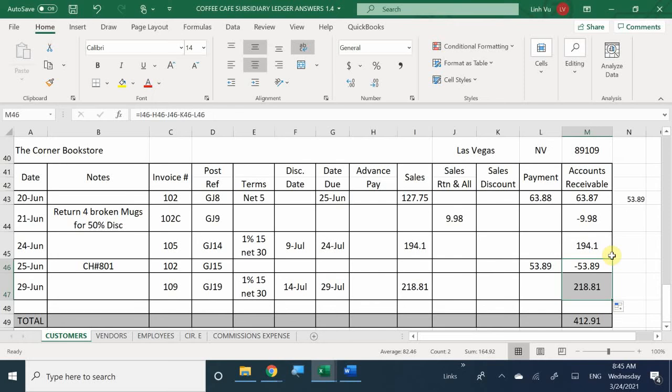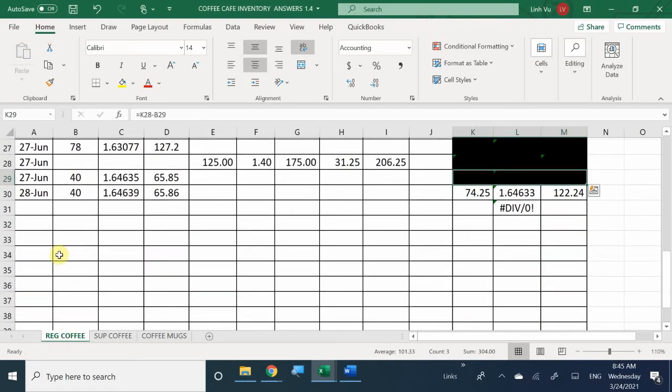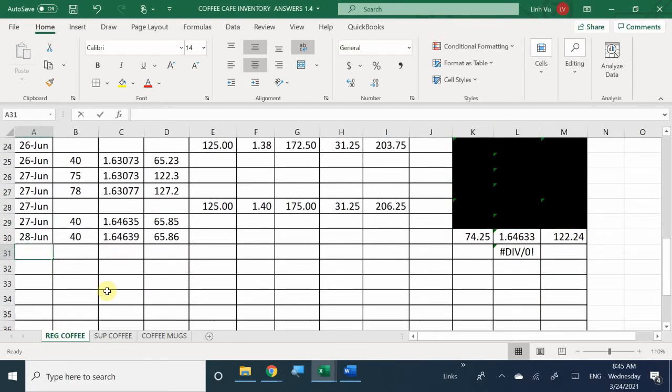Inventory. Say that again, Dan. Inventory. Okay. All right, so inventory worksheet, regular coffee. How many pounds did we sell? 21.